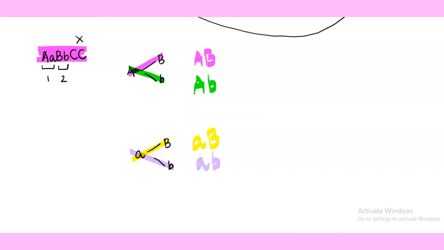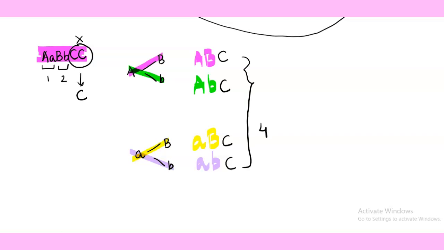Now in the end, this homozygous pair will have only one allele, so we will add capital C at the end. And these are the 4 gametes.